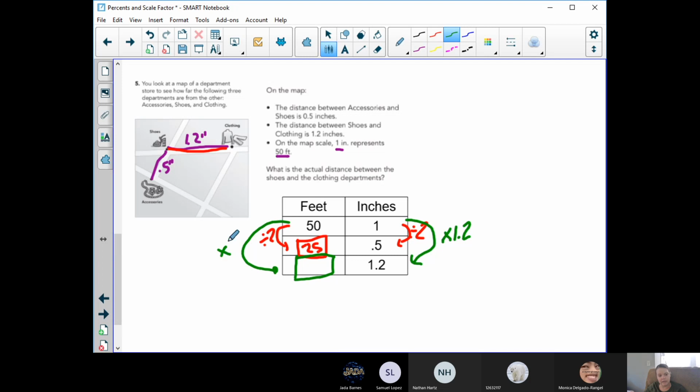So we do that on this side. And 1.2 times 50 gives me 60. So what is the actual distance between the shoe and clothing departments in the store? How many feet? Right.